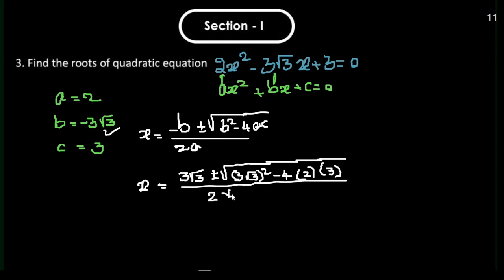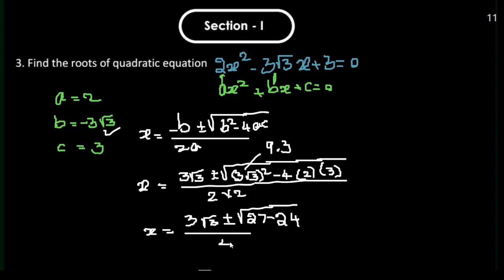By 2 into a, 2 into 2. Fine. Now what is x here? Just simplify the numerator. So what will we get? 3 root 3 plus or minus under root. See here, 3 root 3 square, right? Then it will become 3 square into root 3 square. 3 square is anyway 9. It is 9 into, root 3 square is nothing but 3. So it is simply 27 minus 4 into 2, 8. 8 3s are 24.